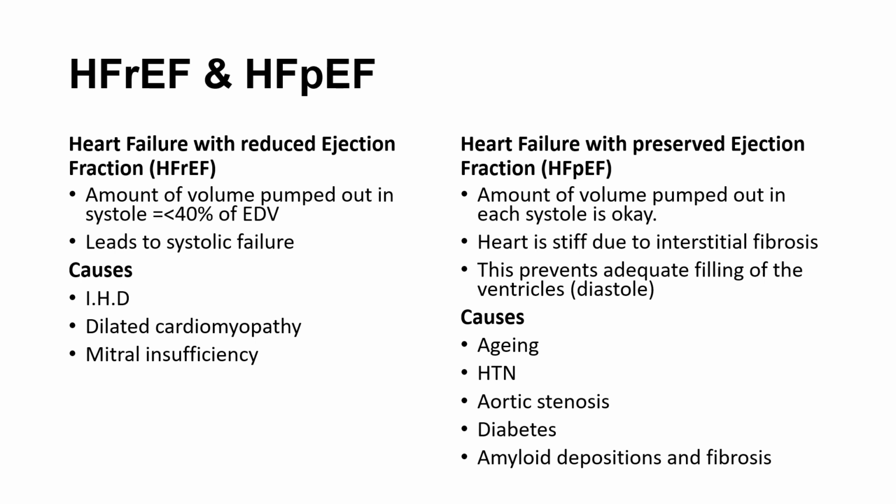Then in heart failure with preserved ejection fraction, we've talked about this being a diastolic kind of heart failure. One of the causes is interstitial fibrosis. Maybe we have cardiac hypertrophy. The muscles have become thick and the ventricles are smaller. The size, the volume is reduced.